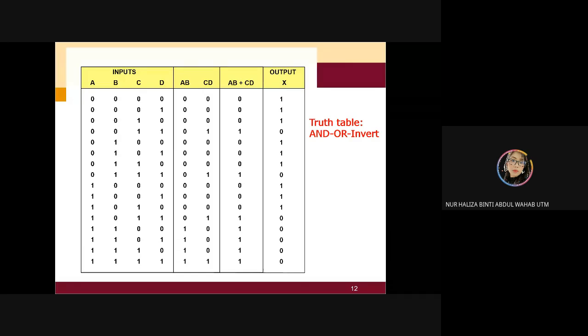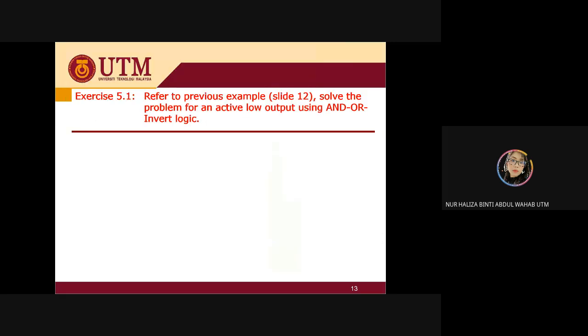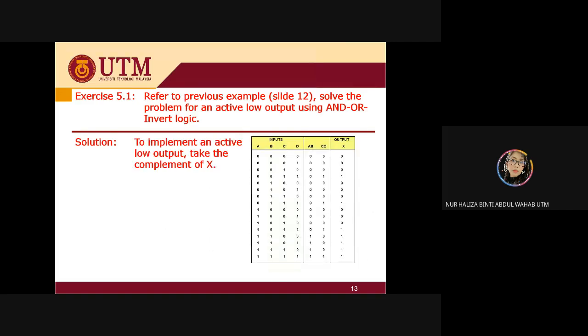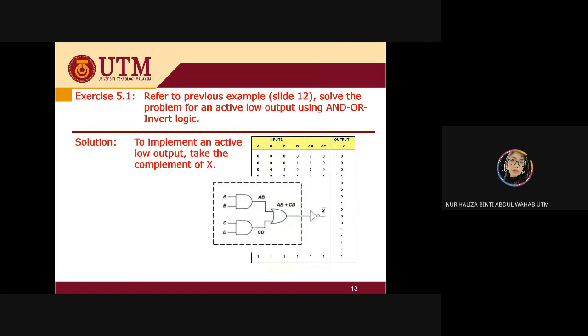So you can see how the AND OR inverse truth table looks like. So this is all the output given. Try to do the K-map. So this is the output because it asks you to have the inverse logic. So instead of having this X, you're going to have the X bar.